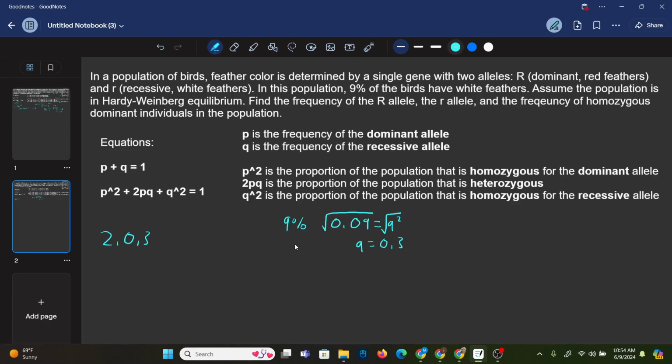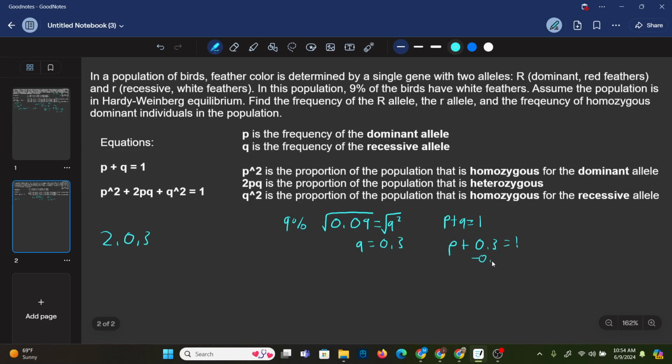So to find the frequency of the big R allele, which is the frequency of the dominant allele, which is p, we use this formula, which is p plus q equals 1. We do p plus q, which we already know as 0.3, equals 1.